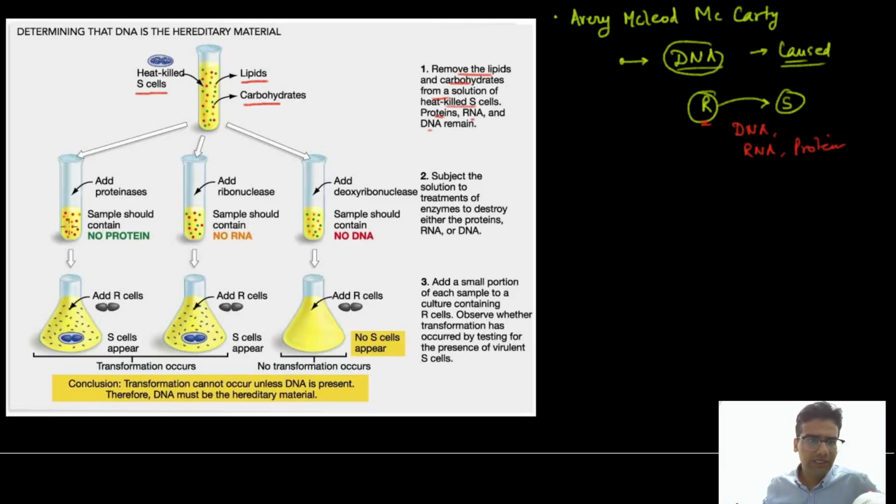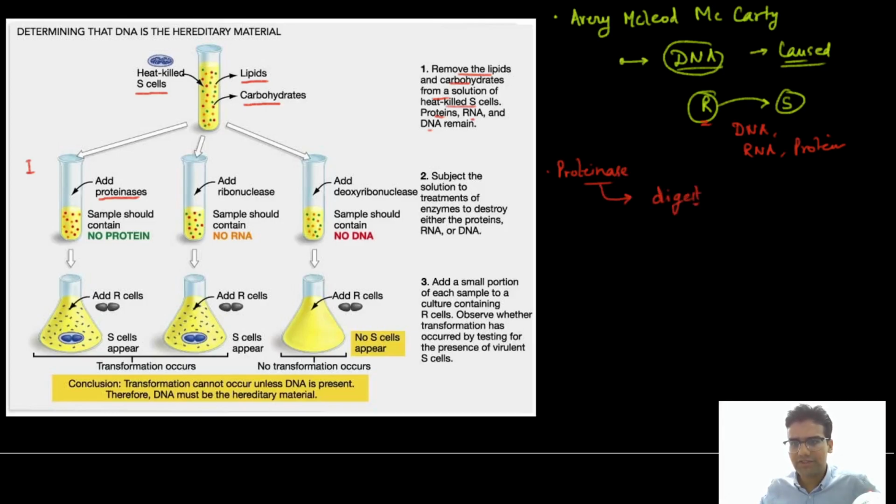In the first set of experiments, he added proteinases to the solution. Proteinases are the enzymes which digest proteins.